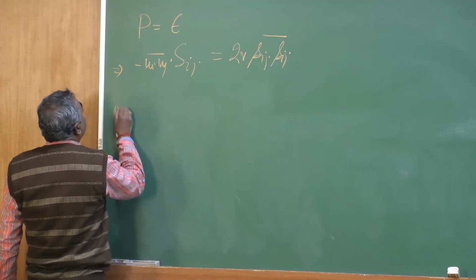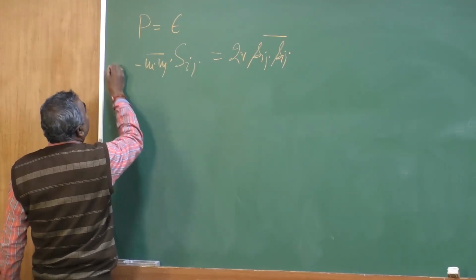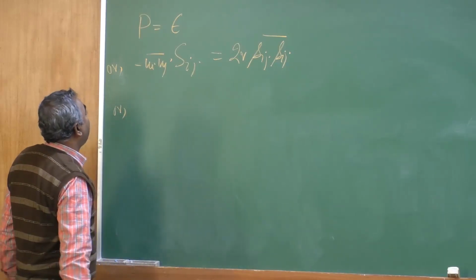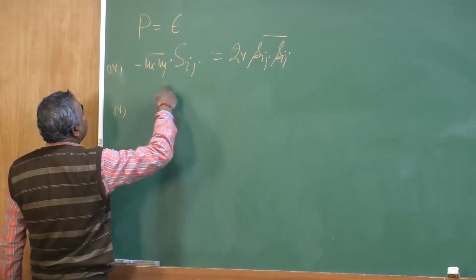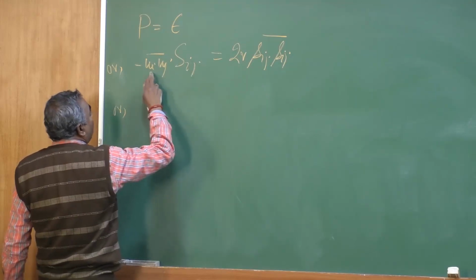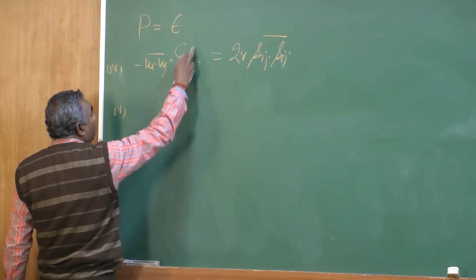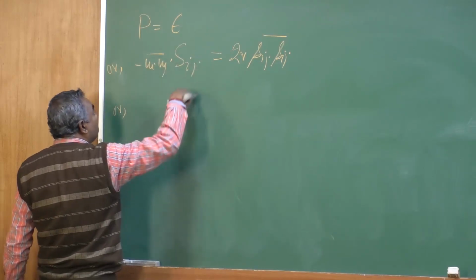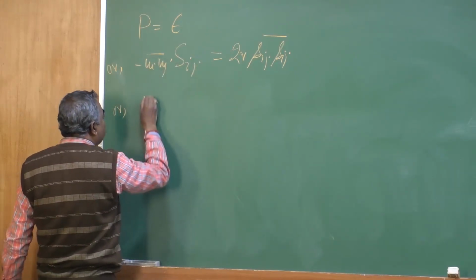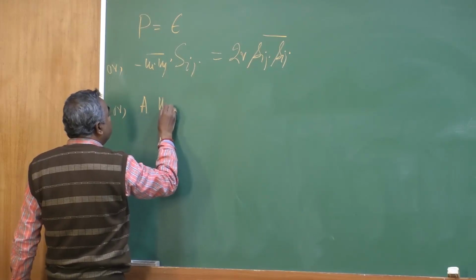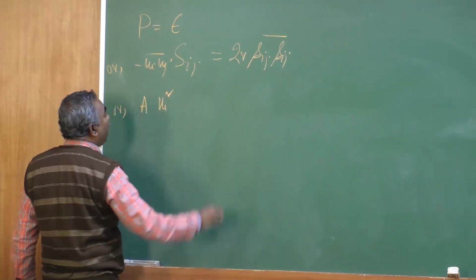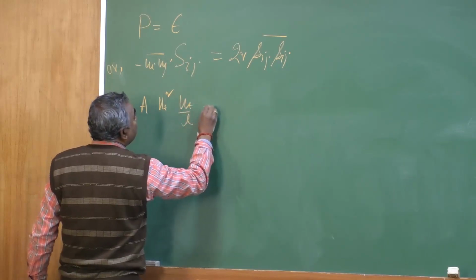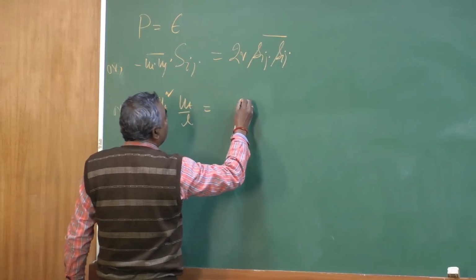Now, from this particular expression, what is the order of magnitude of this quantity? ut square. What is the order of magnitude of this? ut by L. So, I can write this as some constant A into ut, the turbulent velocity scale, square, times ut by L, is equal to our dissipation epsilon, right.